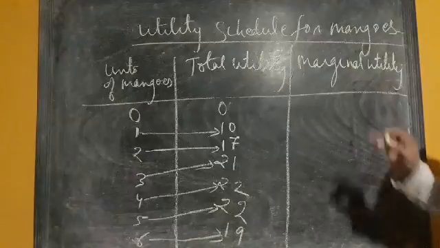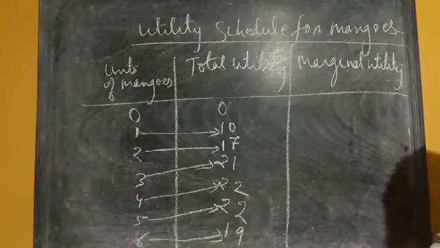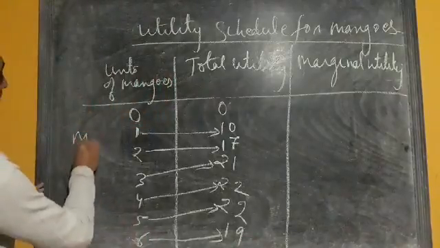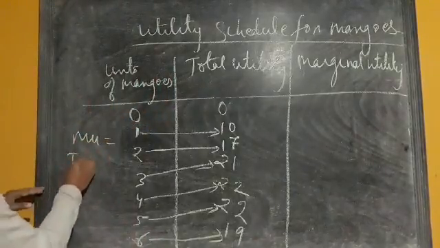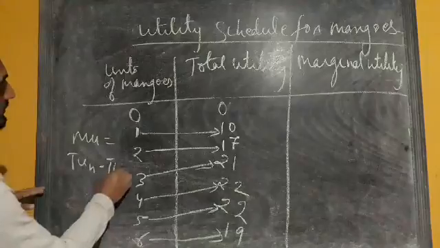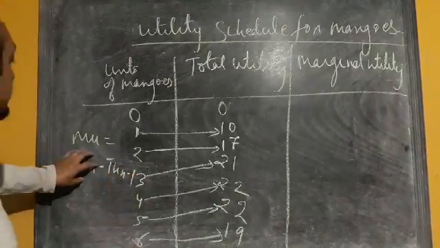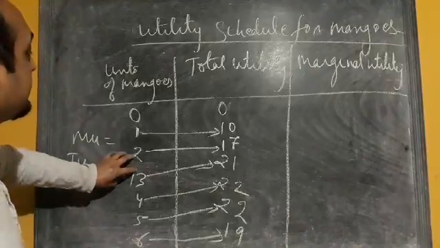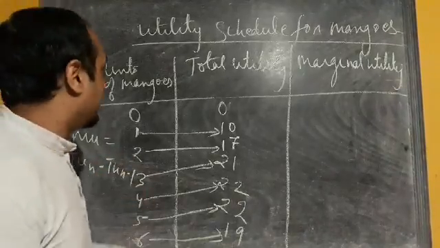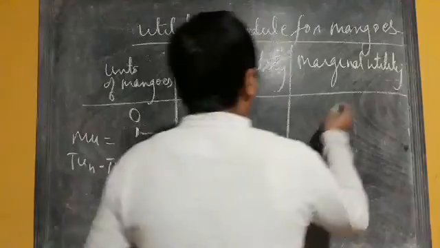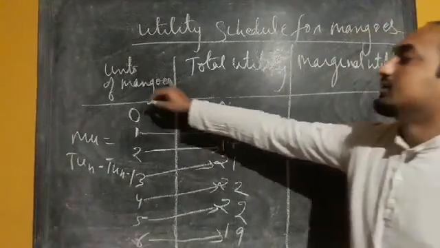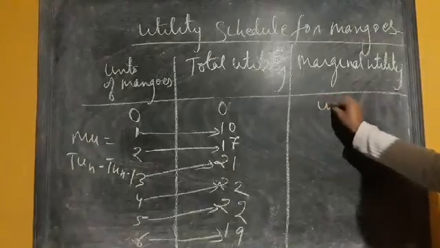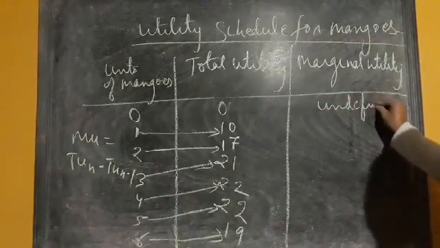Now I will find this marginal utility. As I said, the formula of marginal utility is MU equals TUn minus TUn-1. So total utility derived from nth commodity minus total utility derived from the previous unit. If the total units consumption is 0, total utility is 0, then it will be undefined.